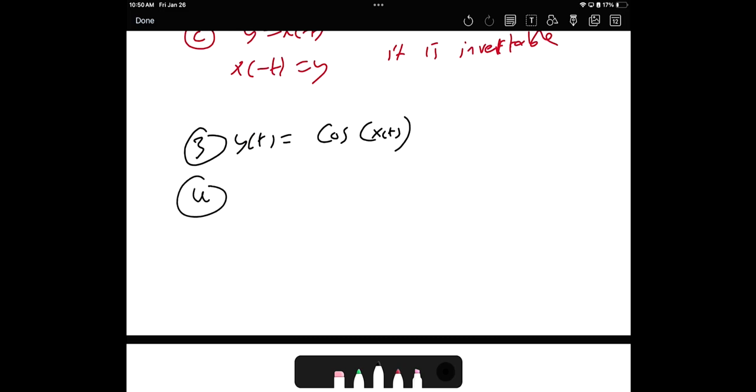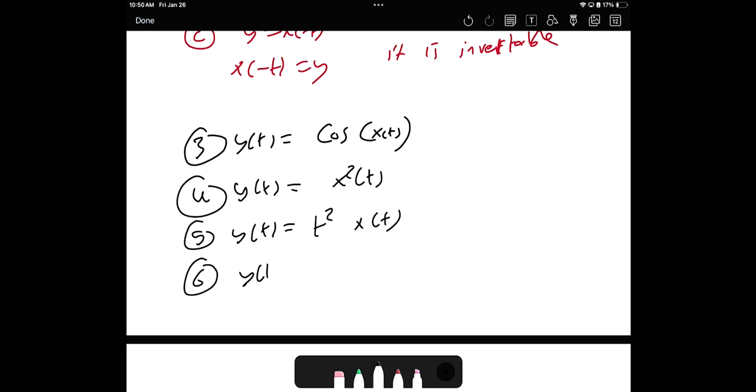I'm going to write this question for you, to test these three properties. And number 6, y of t equals x of t. These additional four examples we will do in the next lecture.